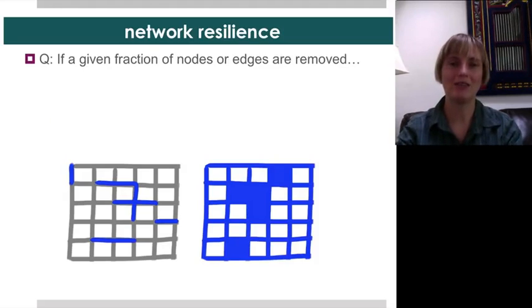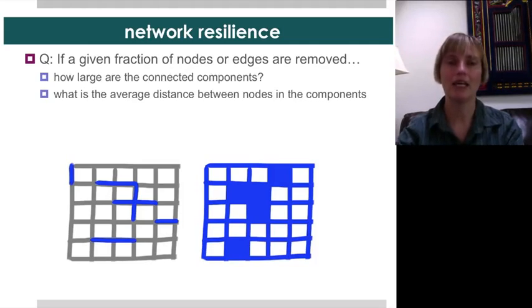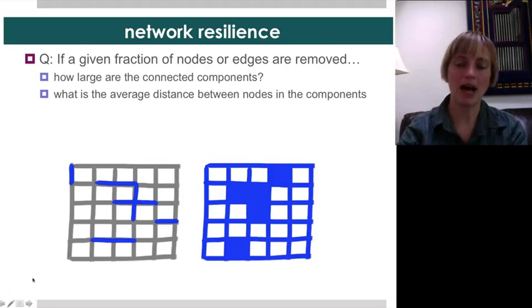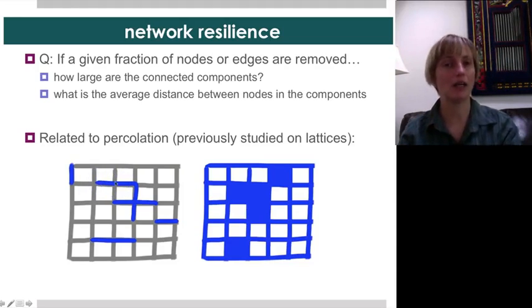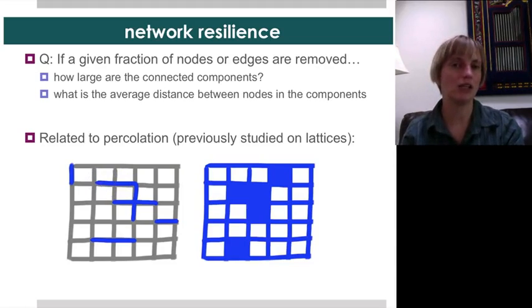Let's go back to the question of whether we're removing nodes or edges. This has a mapping to lattice percolation, and you can have edge percolation, where the nodes are these intersections, and you're just asking whether the nodes are connected via these edges, and what you're looking for is at what point does a giant component emerge.